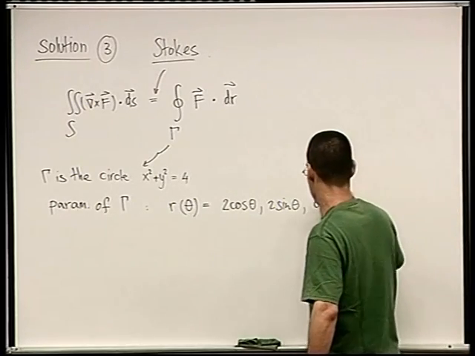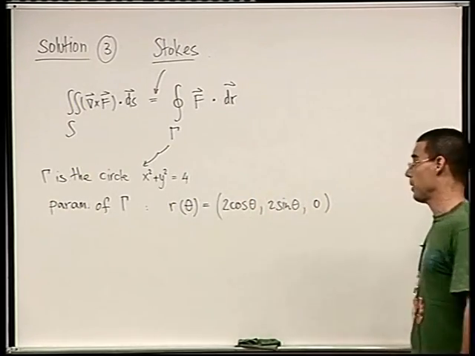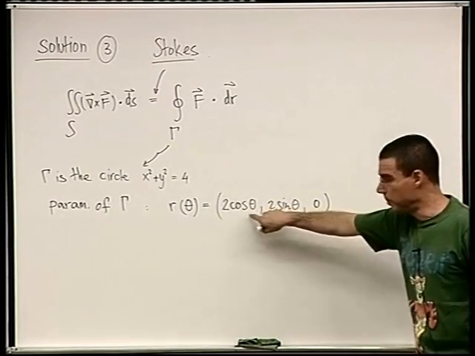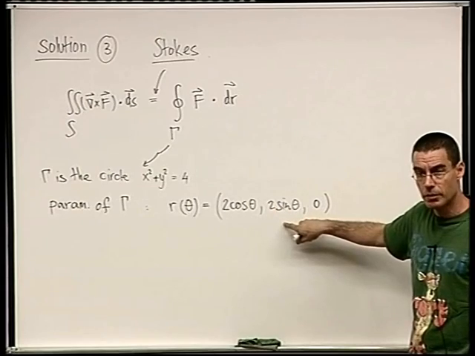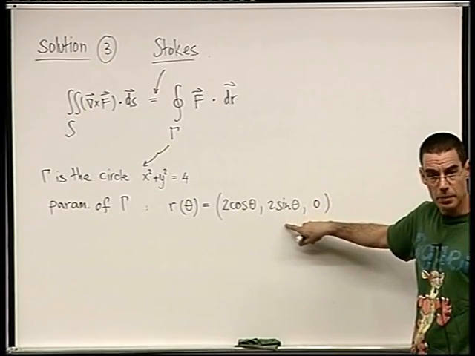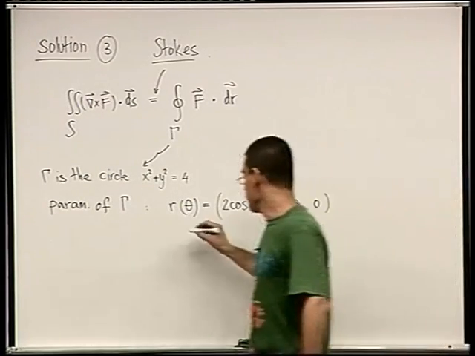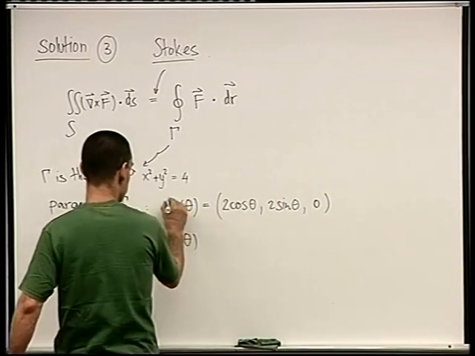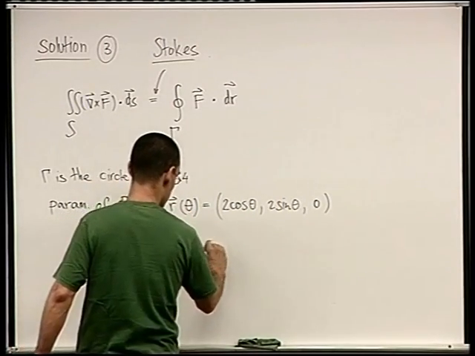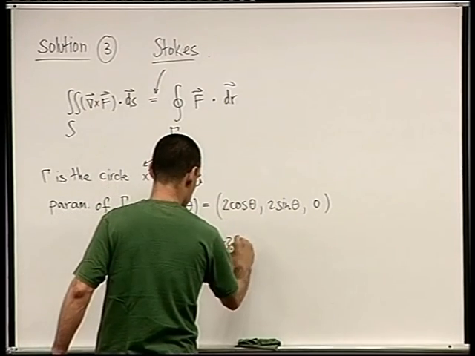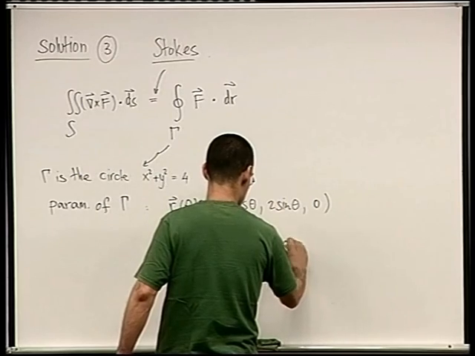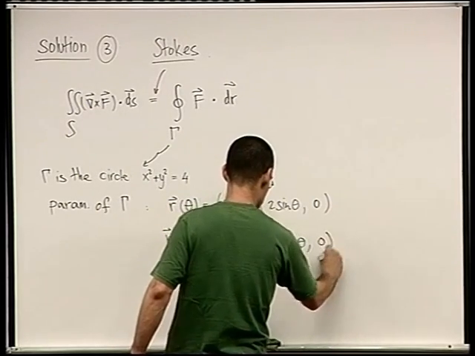It's sitting on the xy plane. So this is the parametrization of gamma. Note that there's only one parameter. It's a curve, right? Everybody good? What is r prime of theta? It's minus 2 sine theta, 2 cosine theta, and 0.